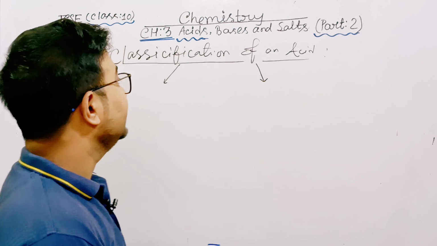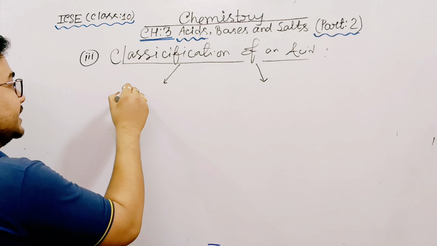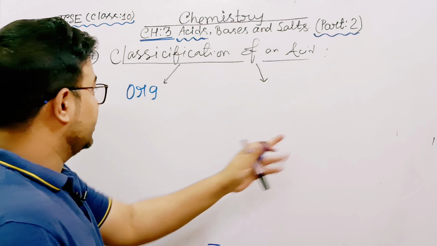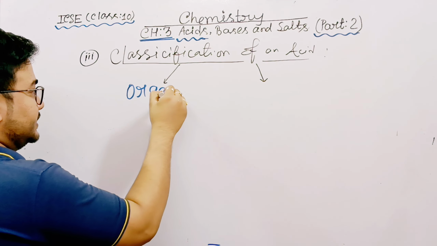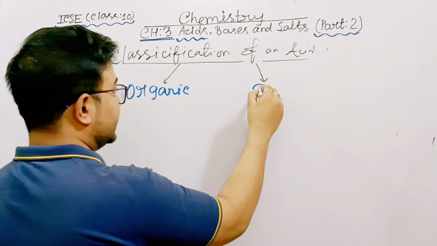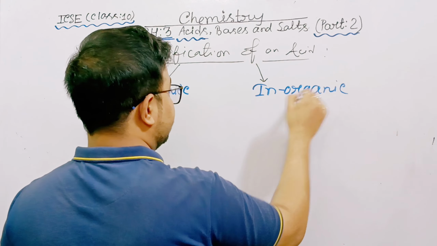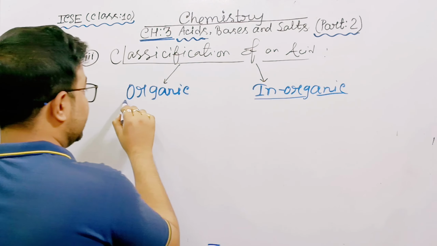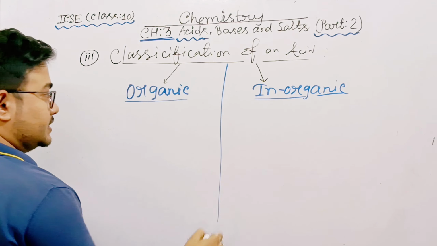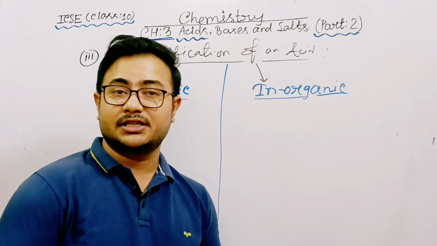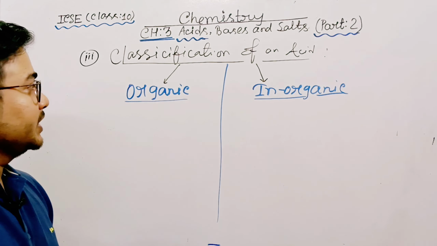Okay, why? I will tell later. Generally, acids are two types. You can make it in column manner: organic acid and another is inorganic acid. Give focus. If you understand the main points, then you will be able to write any question answers from this topic.